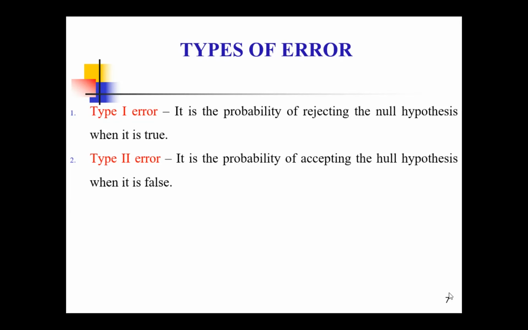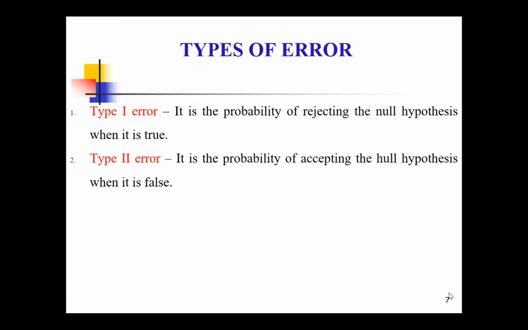The second type of error is when the assumption that I have made is wrong, so alternately I have to accept the alternate hypothesis.